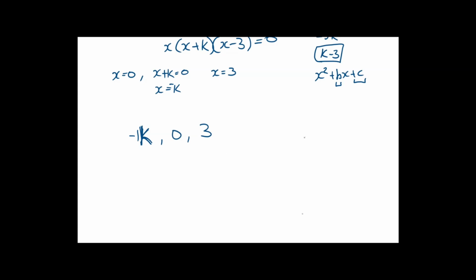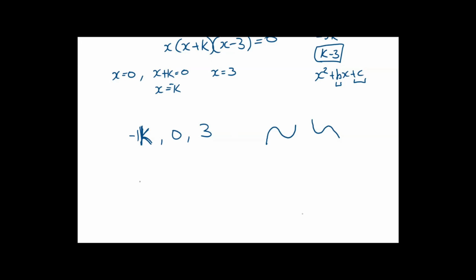Now, I know that because it's a cubic, it's either going to look like that or like that. And I can't remember which one is which. So what I'm going to do, I'm going to set k, let's do a really, really huge number, say 10.